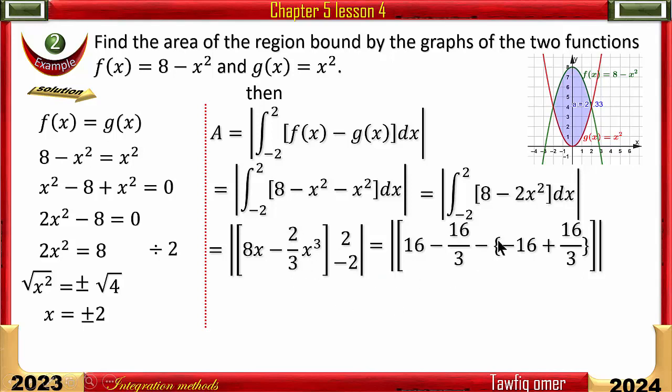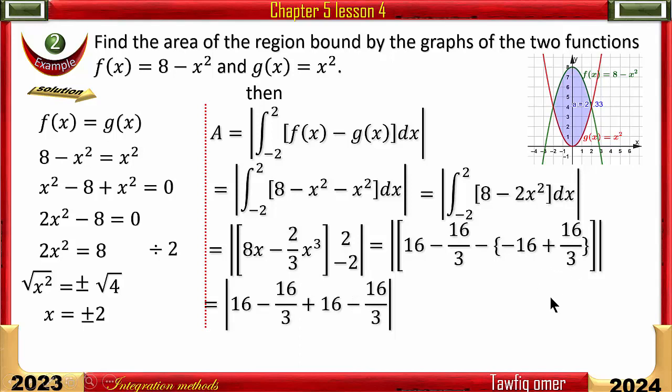Minus, now we replace x with minus 2. It becomes minus 16 because minus 2 times 8 is minus 16. Minus 2 cubed is minus 8, minus 8 times 2 is minus 16. Minus 16 over 3 with the minus sign gives plus 16 over 3.